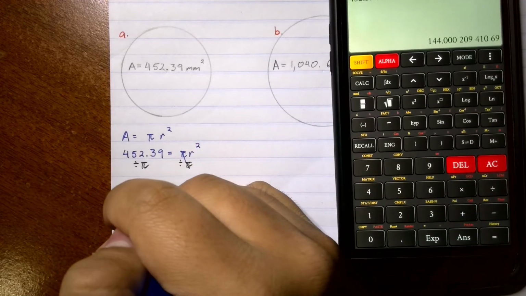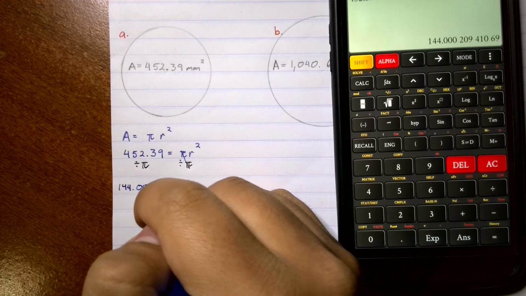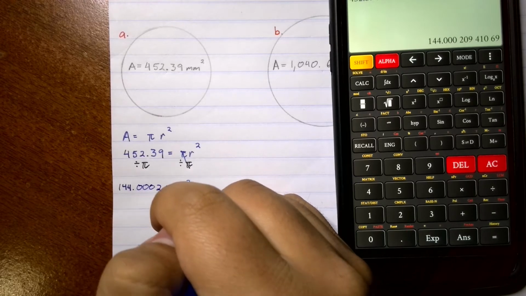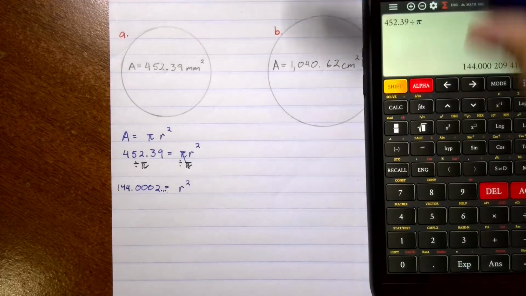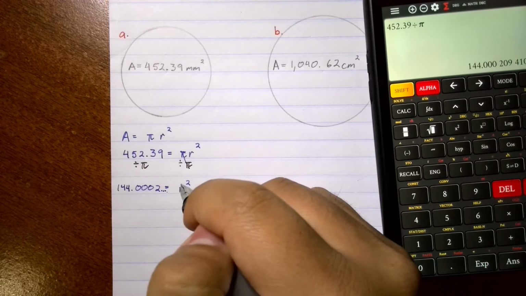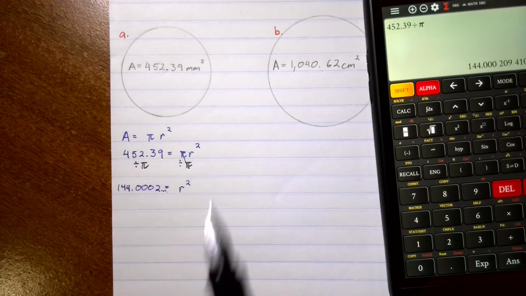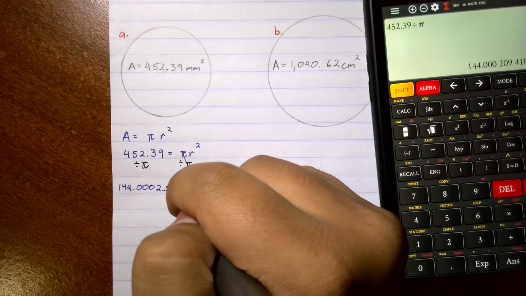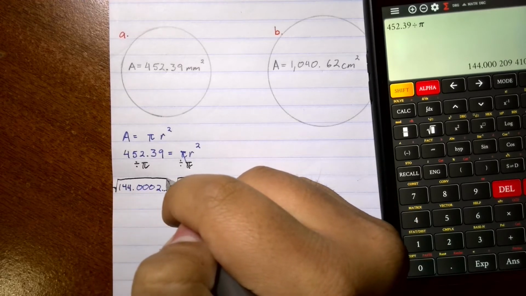So we'll just write that down. 144.0002 dots, meaning it goes on and on and on. Now at this point, to make it r, because remember, we don't want r squared, we want r by itself, we take the square root of both sides, like so.